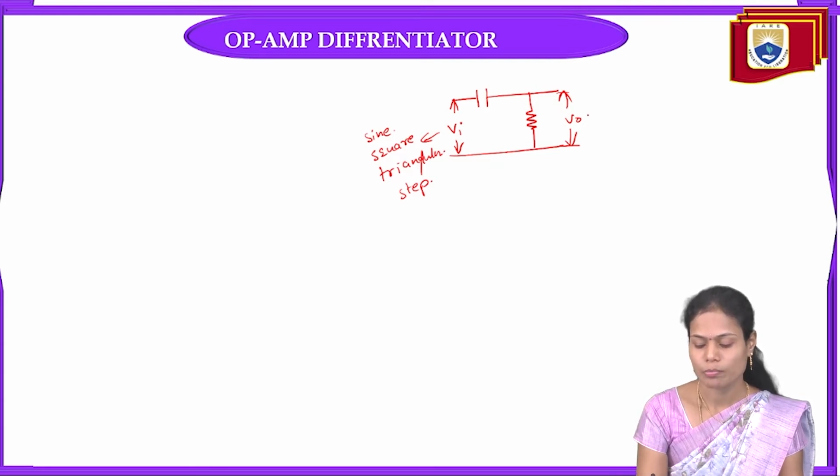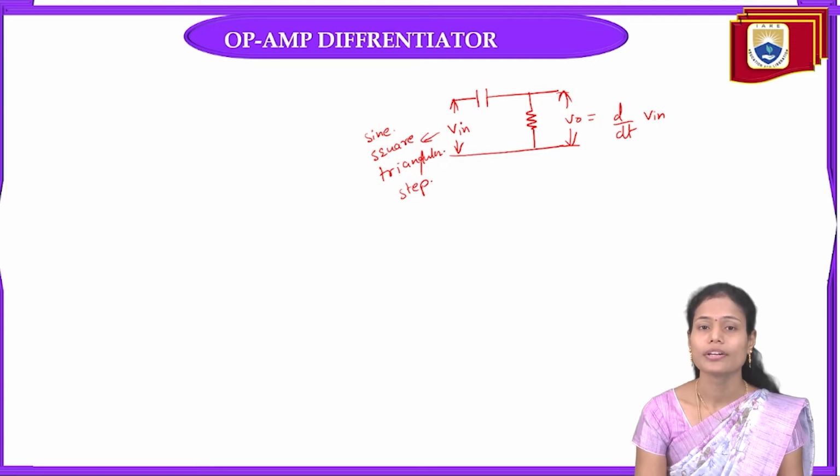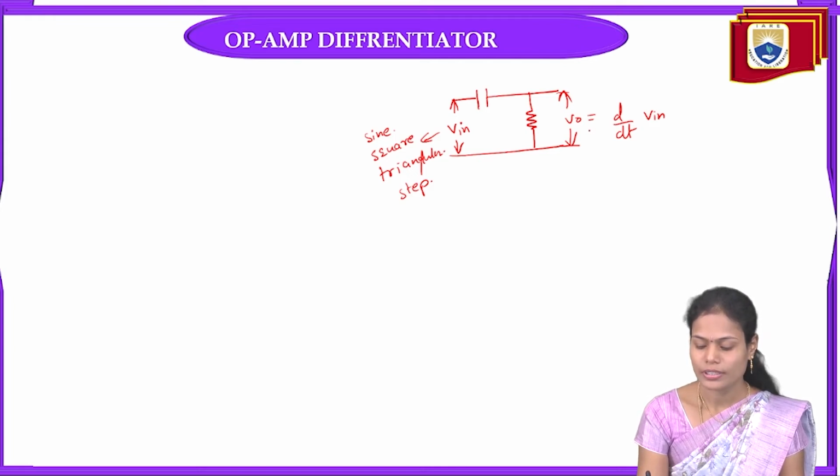At the output we get the differentiation of the applied input signal. By using only passive elements, that is a resistor and a capacitor, we can design the differentiator. It performs the differentiation operation with the time constant RC.